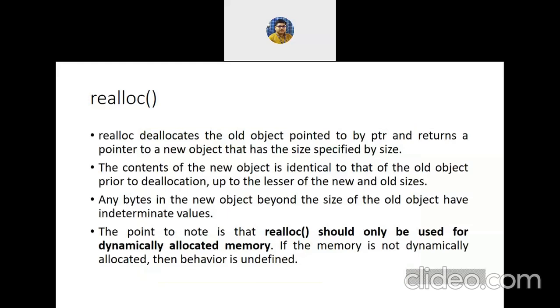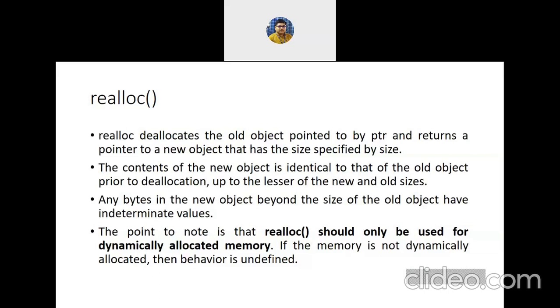Look at the second point: the contents of the new object are identical to that of the old object prior to deallocation. So prior to deallocation, the elements of the old object will be the same as the contents of the new object.